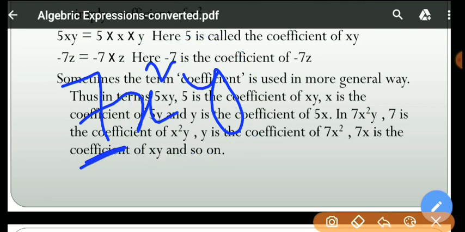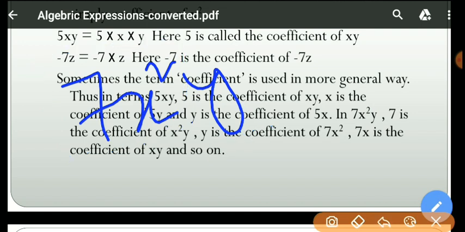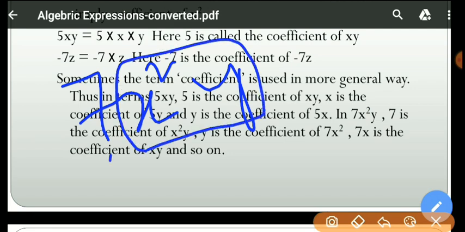Clear? This 7x square is the coefficient of y. Clear? 7y is the coefficient of x square. Clear? X square y is the coefficient of 7. Clear?